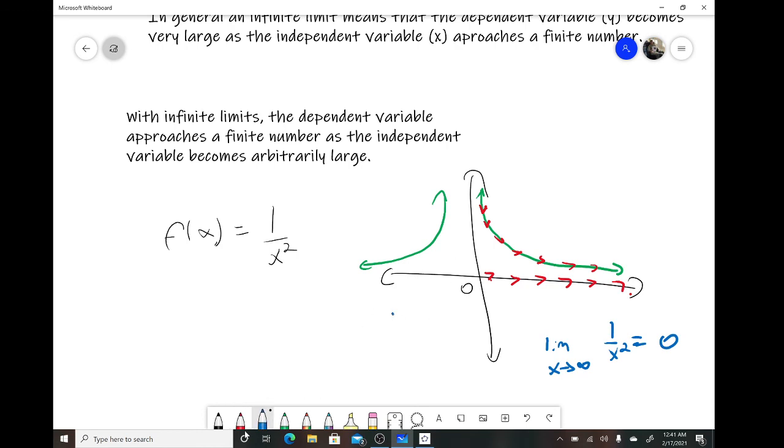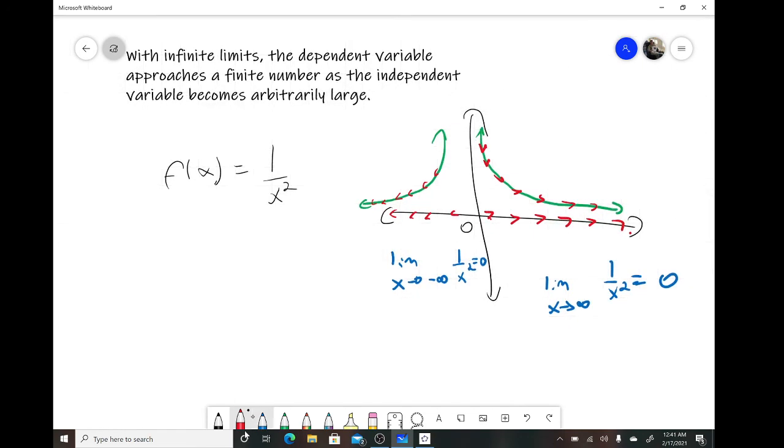The same thing is true when we look at the limit as x goes to minus infinity of 1 over x squared. This limit is also going to be equal to 0. So as we get smaller and smaller on the x-axis, the independent variable is also getting smaller, and the output is approaching an actual number.